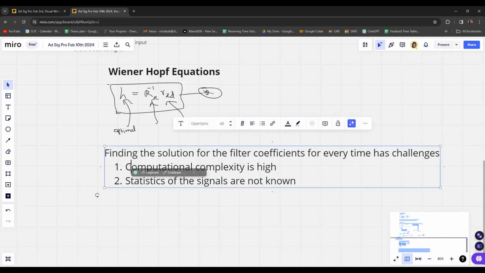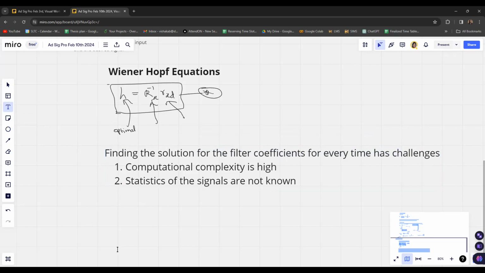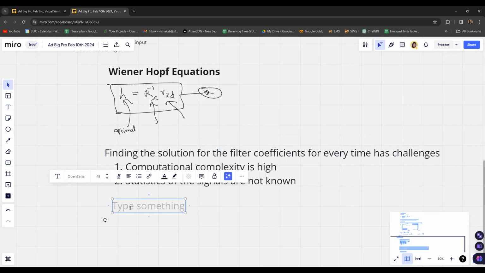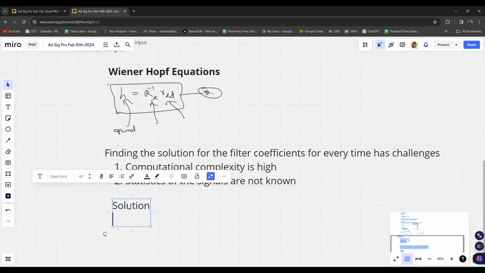So these are the challenges: computational complexity and the statistics not being known. The solution is to find the weight coefficients using mainly two algorithms that we are going to consider here. There are other algorithms also, but some of the popular ones only we are going to consider. You can select the algorithm that is most optimal.